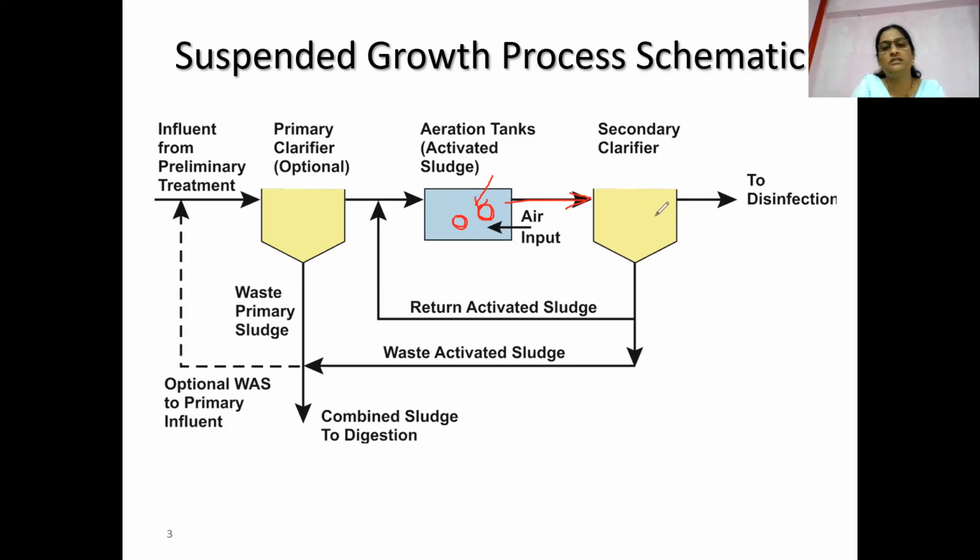The secondary clarifier performs the sedimentation process again. Because the organic matter present in the sewage has been consumed by the microorganisms, they have become heavy and healthier, so these microorganisms start settling at the bottom in the secondary clarifier.